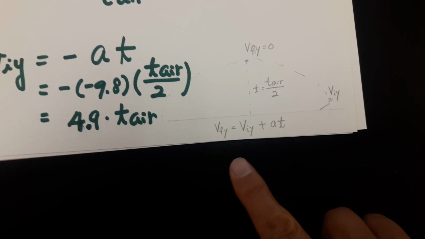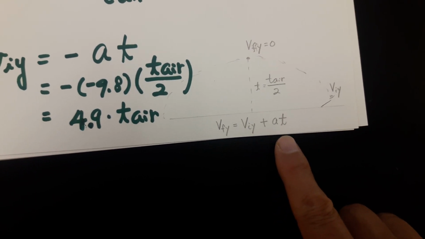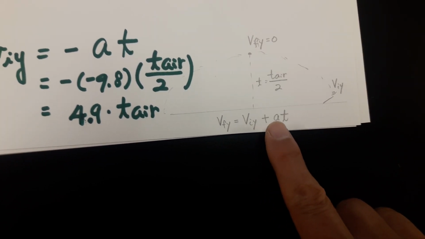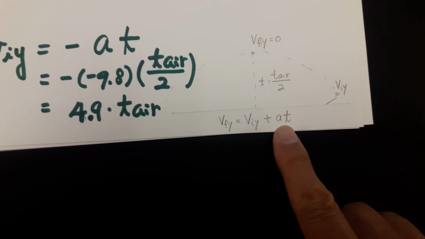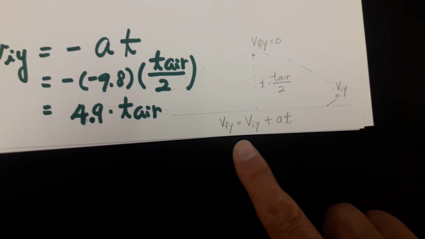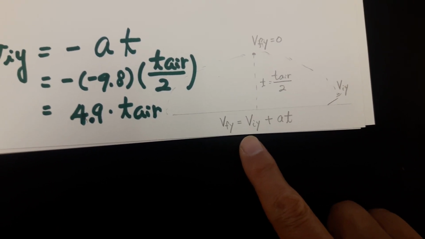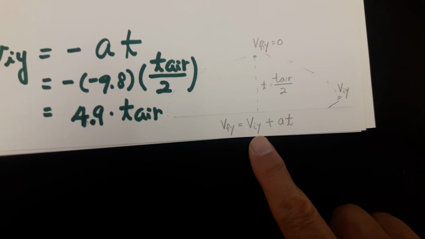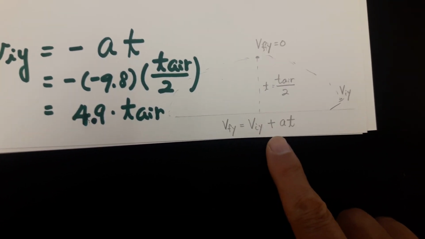So final velocity equals initial velocity plus at, because y component is influenced by acceleration. So at the peak, Vfy is 0. So to find out Viy, you subtract at from each side.